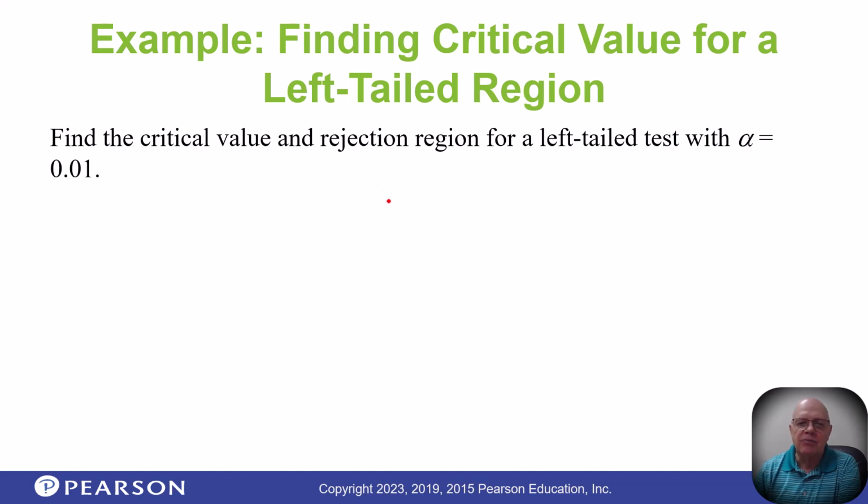All right, first picture. All right, there's our normal distribution. We've got a left-tailed test, so our rejection region is going to be on the left side. And this cutoff point is a critical value, and we're going to compare this with our test statistic.